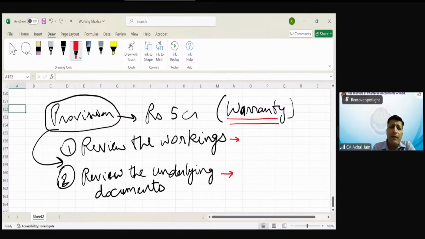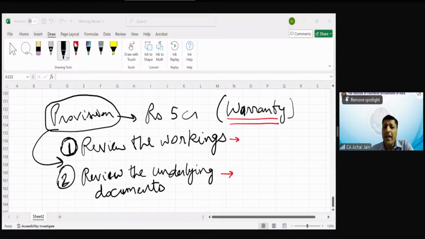Let's go one by one. For the first procedure which the auditor has performed, can you tell me which assertion has been covered?